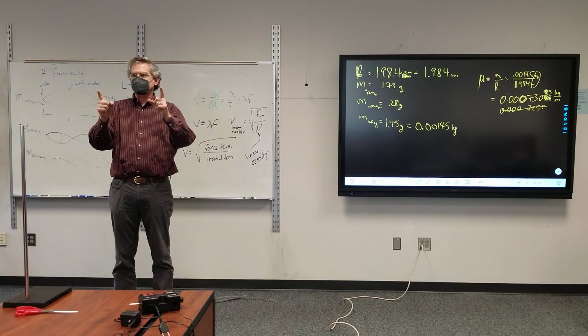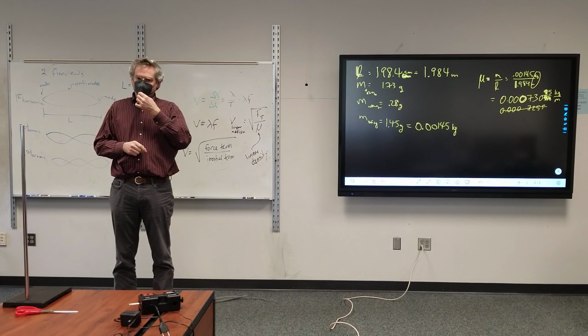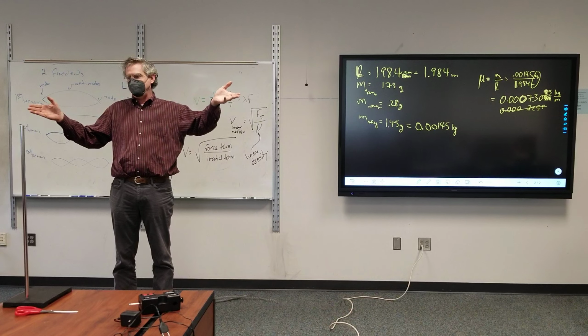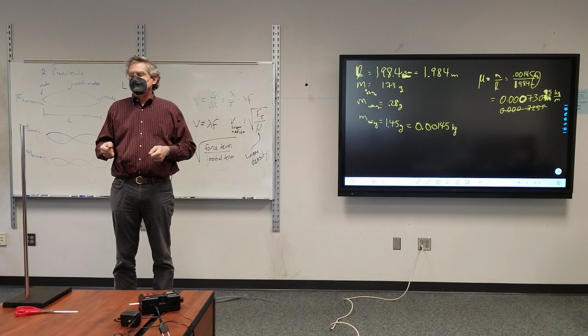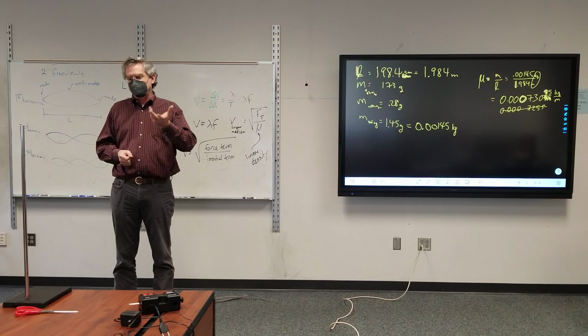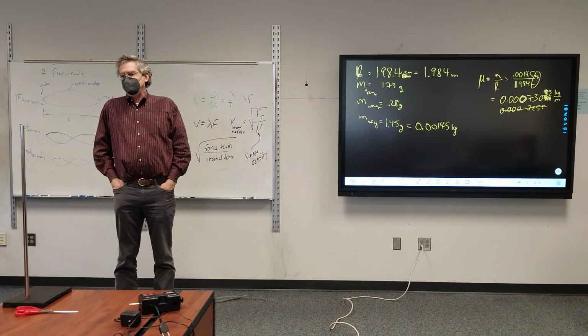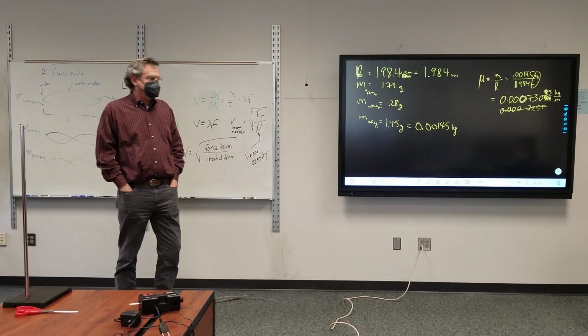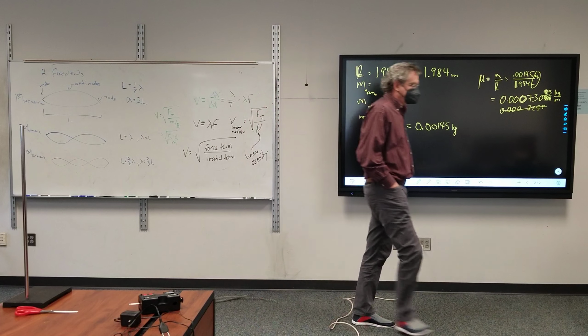Because if you have a really short string, it's really difficult to get, say, the 6th harmonic or 7th harmonic. So I had a really long one, but the really long string required much more weight added to it in order to get the tension. And that string broke, and the pulley came off the rod, et cetera, et cetera. I had to cut out more profanity from that video than any other video I've done.